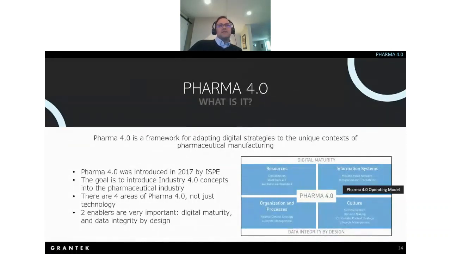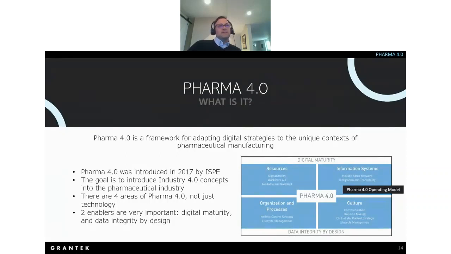It's divided into 4 discrete areas: resources, organization and processes, culture, and then information systems. You'll notice that only the latter is directly technology focused. The other 3 are focused on the manufacturing organization itself, its people, processes, and culture.